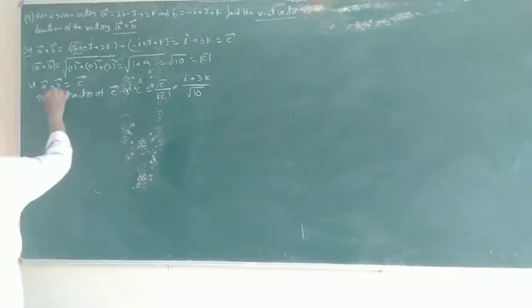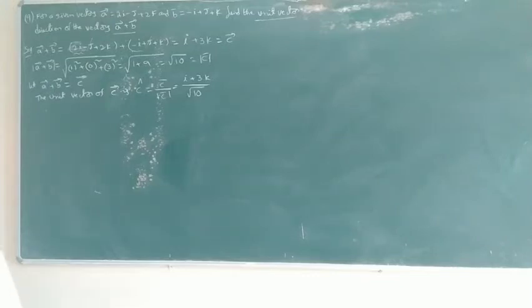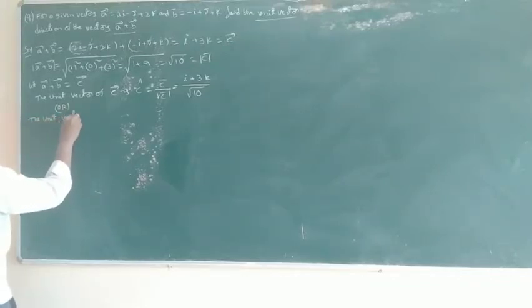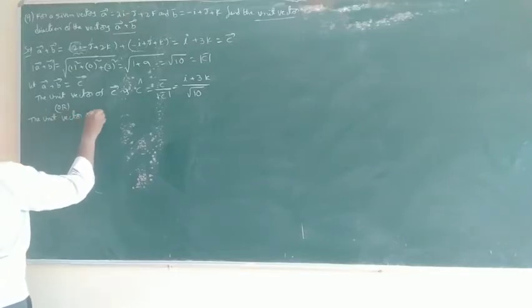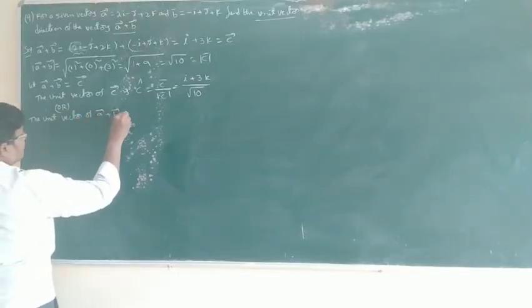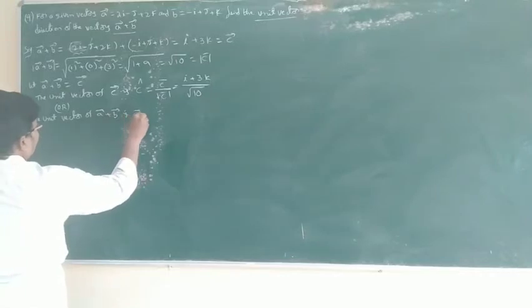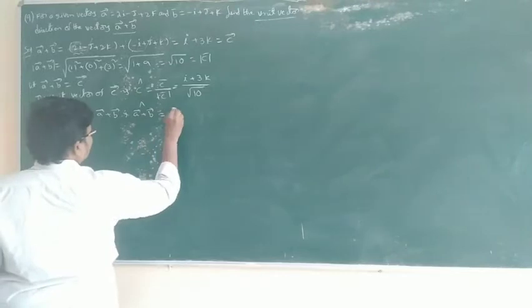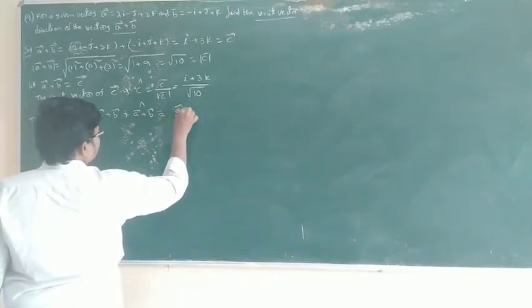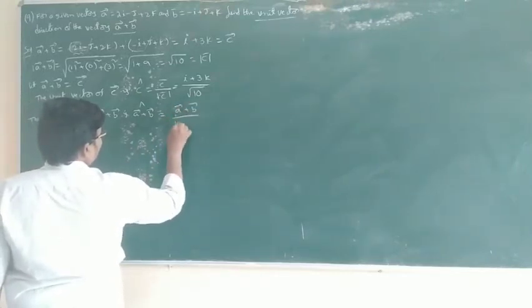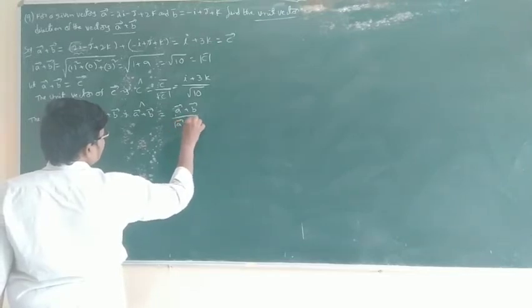Or directly, the unit vector of a bar plus b bar is (a bar plus b bar) whole cap, equal to a bar plus b bar by mod a bar plus b bar.